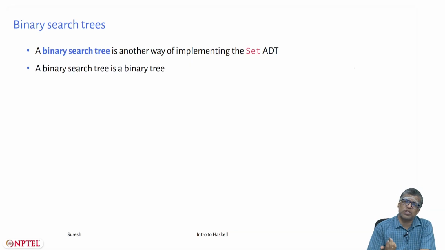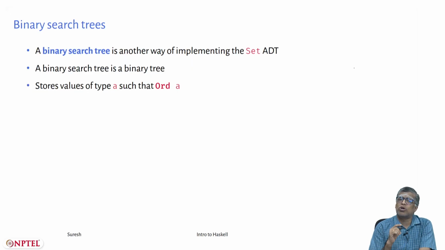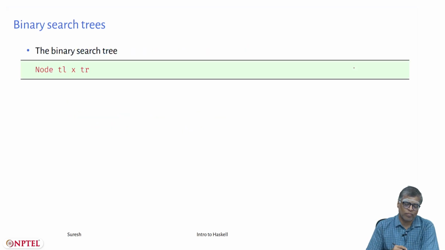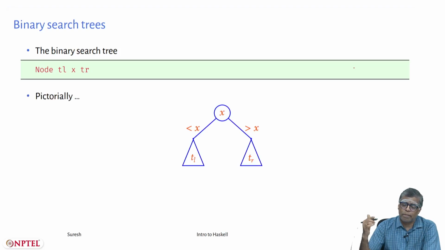So a binary search tree is a binary tree that stores values of type A such that A is an instance of ORD. In a binary search tree, values in the left subtree will all be strictly smaller than the root, values in the right subtree will be strictly greater than the root, and recursively the left subtree and the right subtree will themselves be binary search trees. So in general I'll have a node like this, Node TL x TR.